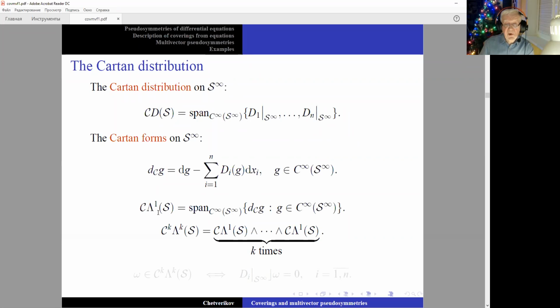C lambda 1 is the Cartan module, and C^k lambda^k is the k-th Cartan k-forms.